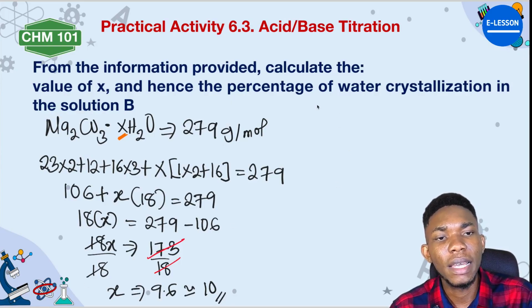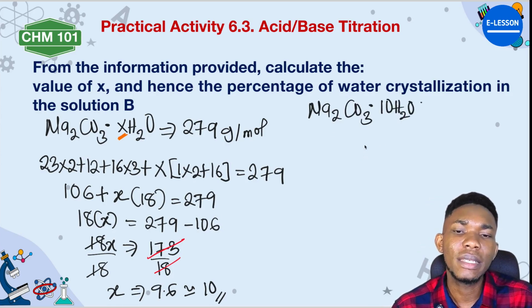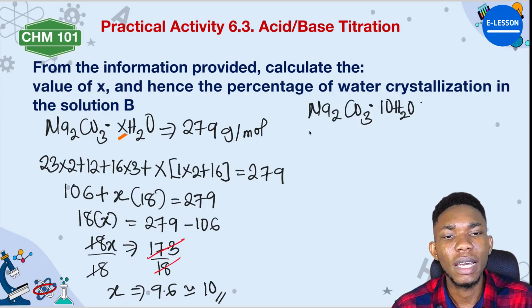So if our X is 10, what do you think will be the formula for this compound now? It will be Na2CO3. In place of X, put 10 H2O. Now the next thing is the percentage water of crystallization. There's no more space, but the formula for calculating percentage water of crystallization is this.